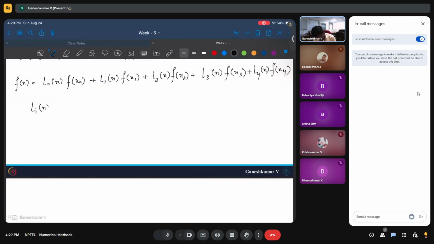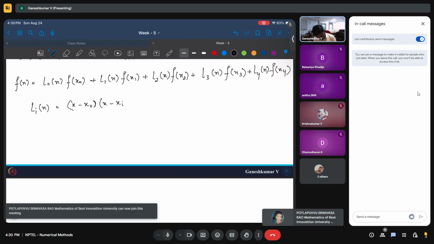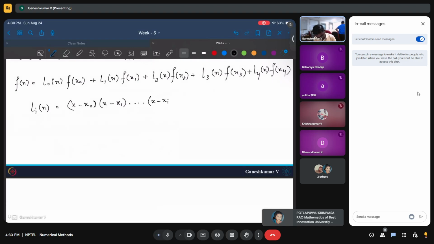Li of x is nothing but x minus x naught, x minus x1, and you continue like this till x minus xi minus 1. You do not write x minus xi; instead you jump that one, go to x minus xi plus 1, and then continue till x minus xn.